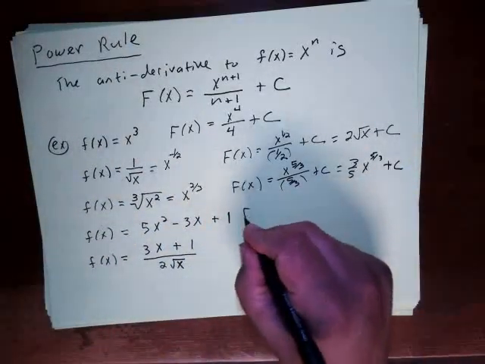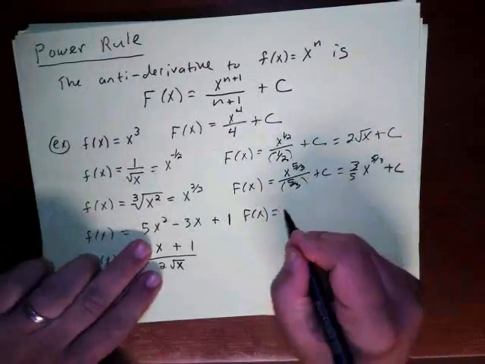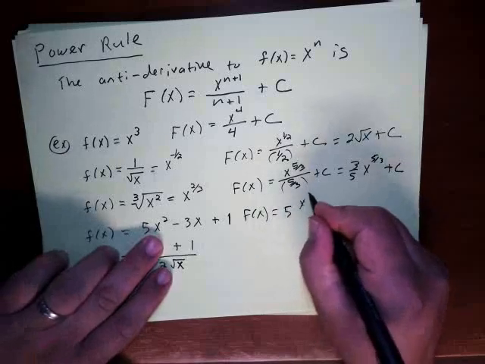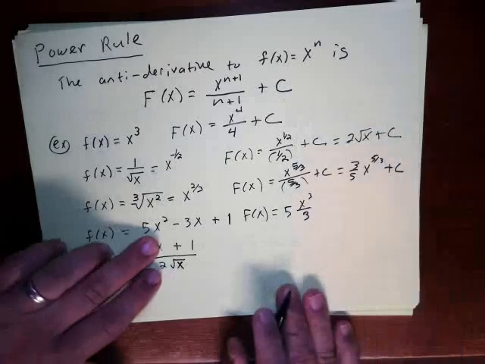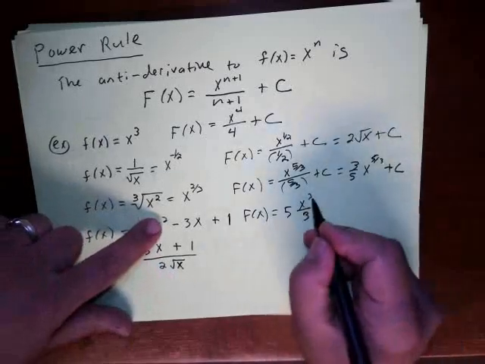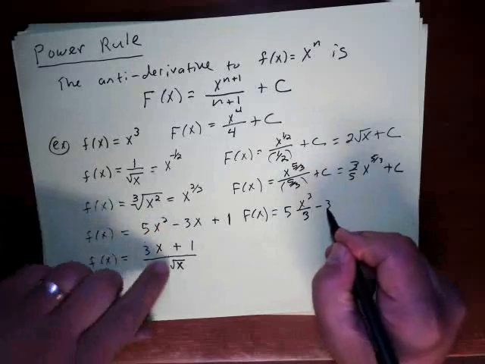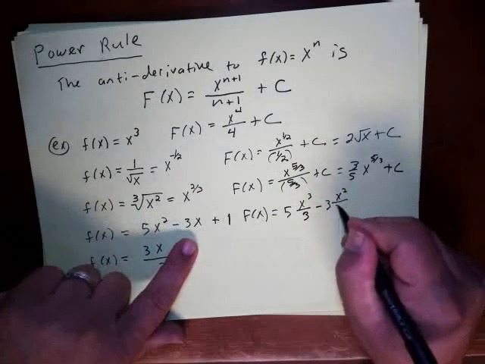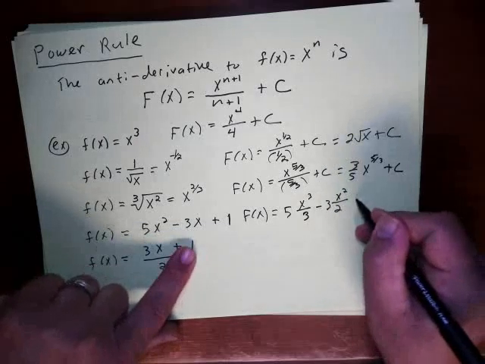So basically what I could do here is just leave the 5 there, that's the constant multiple, do my rule here, x cubed over 3. So this is n plus 1, n plus 1. And this would be minus 3, that's a constant multiple, then I would get x squared over 2. This is n plus 1, and that's the n plus 1 on bottom.